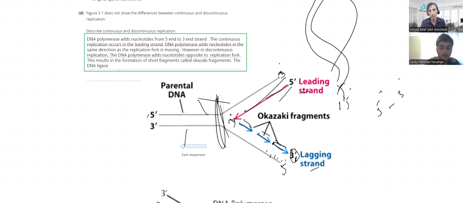I think there would be a small worksheet based on this. I should add here some other points, because we're talking about the nucleotides. I'm adding it right now.